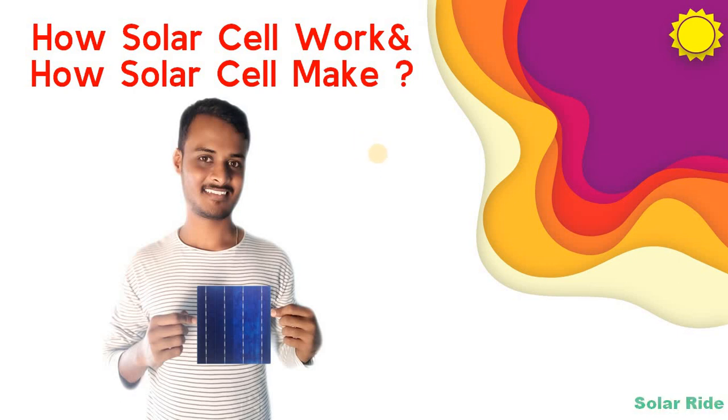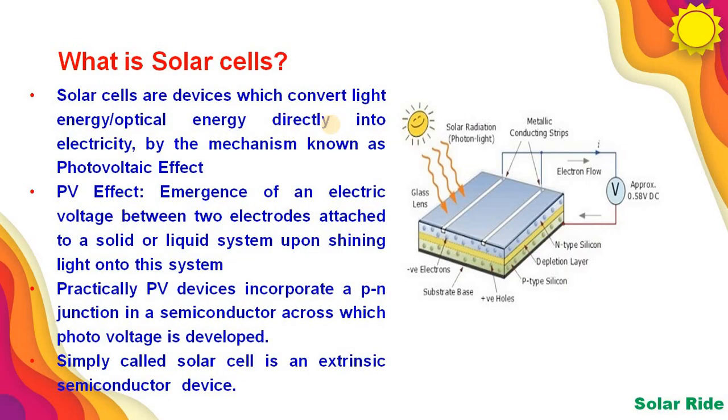First of all, I want to explain some fundamental basics for easy understanding. What is a solar cell and how does it work? Solar cells are devices which convert light energy or optical energy directly into electricity by the mechanism known as the photovoltaic effect.